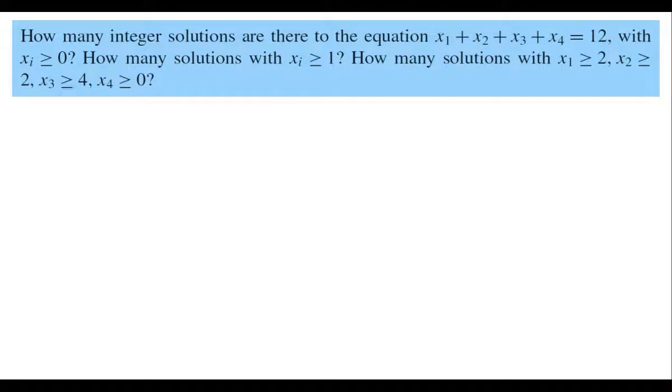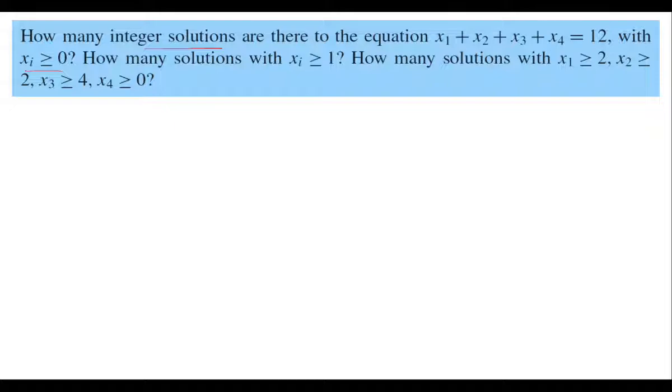A very interesting question to think about. How many integer solutions are there, where xi are greater than or equal to 0, to the equation x1 plus x2 plus x3 plus x4 is equal to 12? Now you need to put it as an arrangement, selection or distribution problem to solve it.